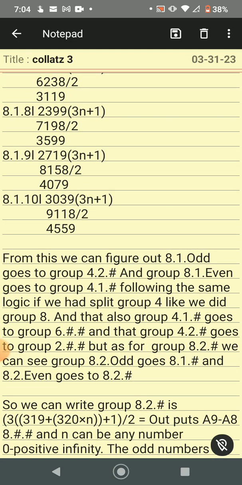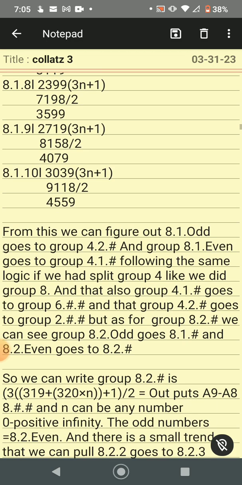And so from this, we can figure out 8.1. Odd numbers go to groups 4.2 number, and group 8.1 even goes to group 1.